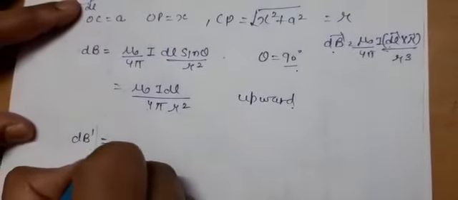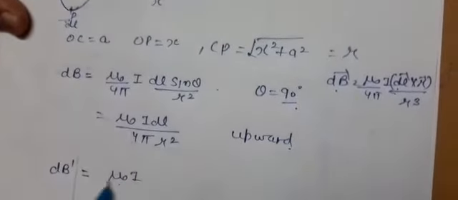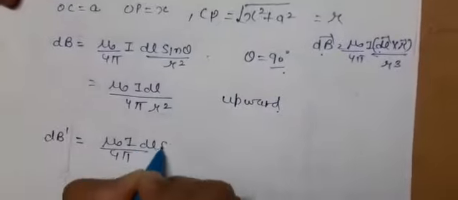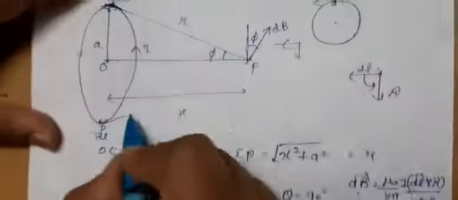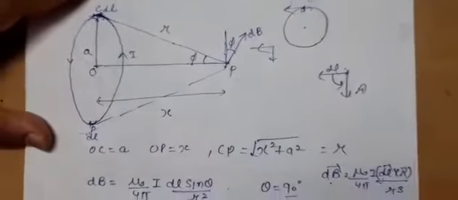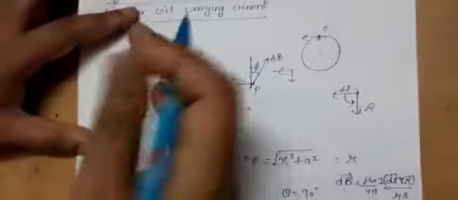Now the magnetic field at P due to the element situated at point D will again have the same formula. Why? Because here you can see this dl element and this distance r, again following the same rule, this will be perpendicular, and the direction will always be as dl to r.